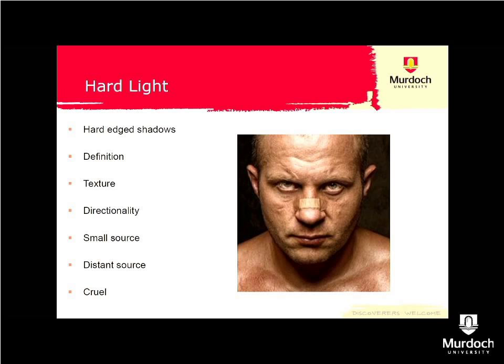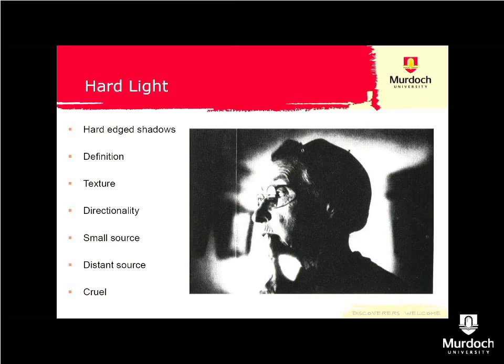Does nothing to hide anything, in fact brings everything out. So not really a beautiful light, not really a beauty light. And the bare bulb will create this sort of light. And the sun is essentially that, a bare, powerful bulb. There's another example there.